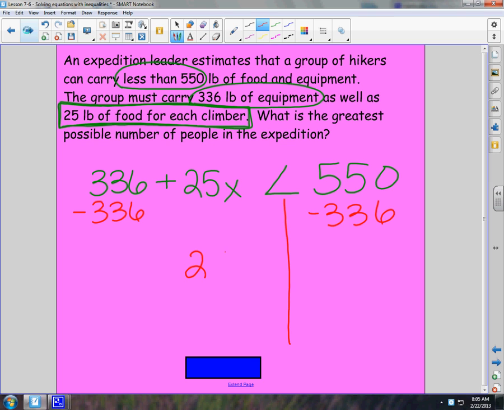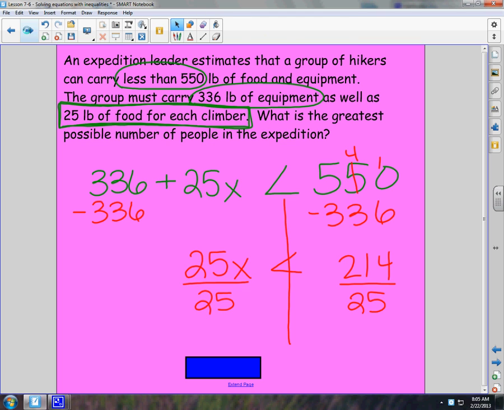So then I get 25x is less than 214. Now I'm going to divide by 25. So then I put 25 on the outside divided by 214.